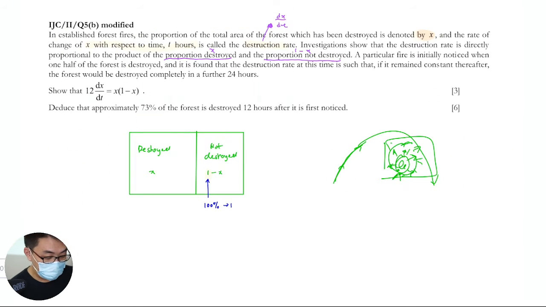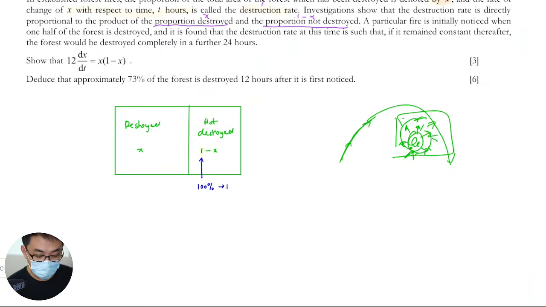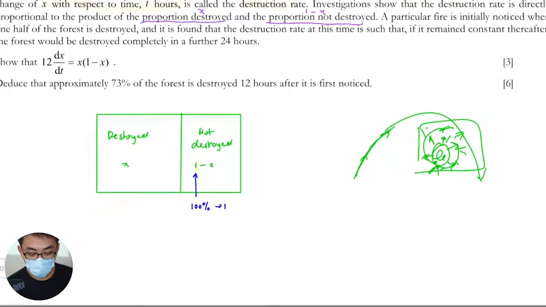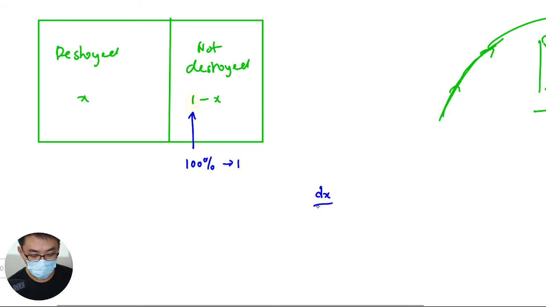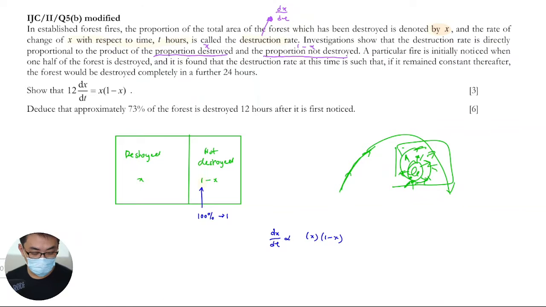If you look at this model, it's a cool model. It's actually a quadratic model. They tell you that the destruction rate is directly proportional to x(1 minus x), the proportion destroyed times the proportion not destroyed.